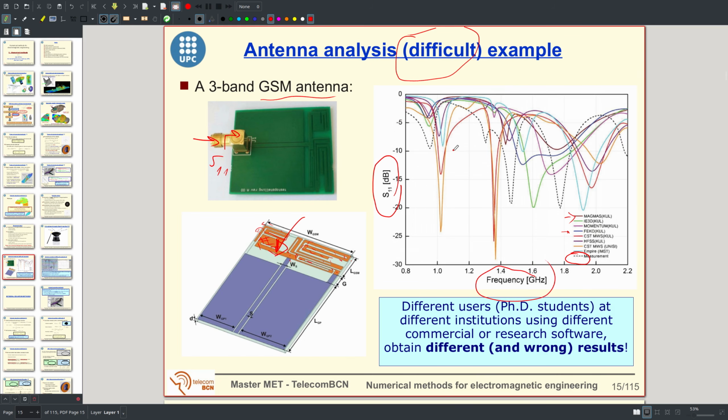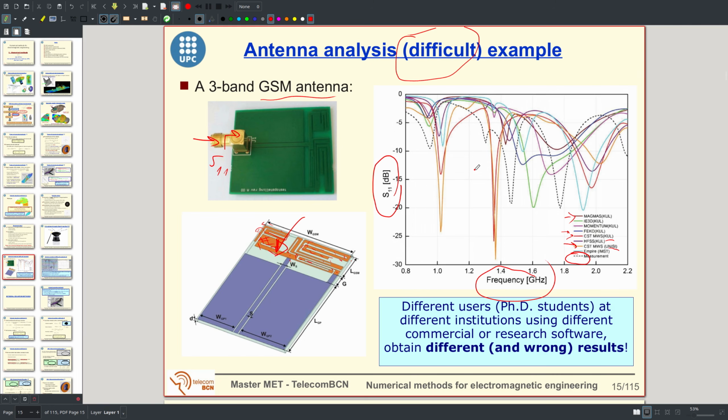Only two of the solutions are more or less close to each other, these two CST solutions, obtained by two different groups. But the rest are completely different, and again all of them are different from the measurement.